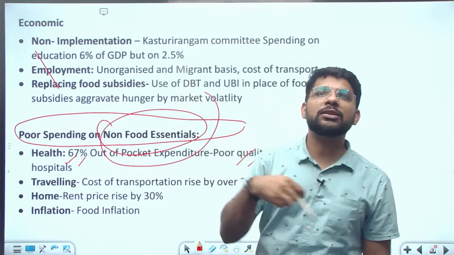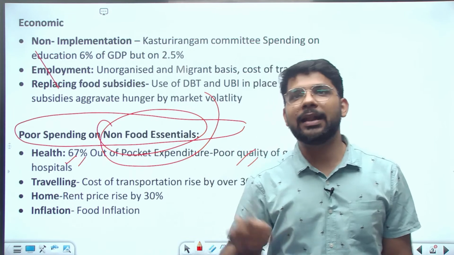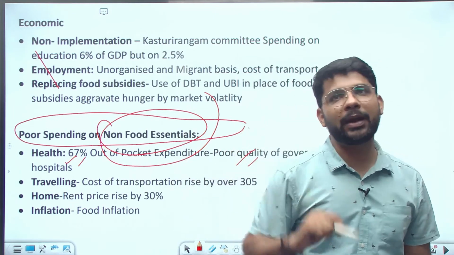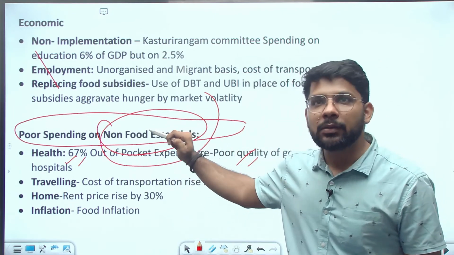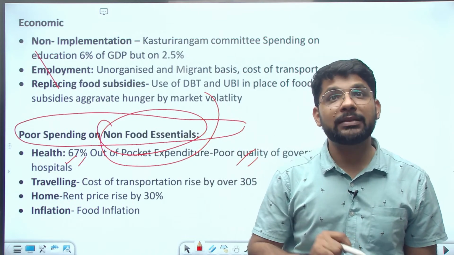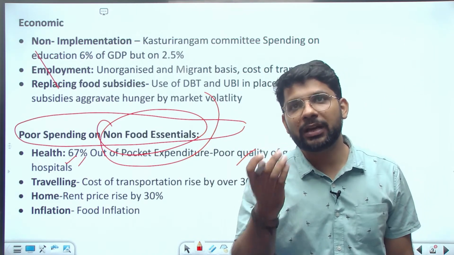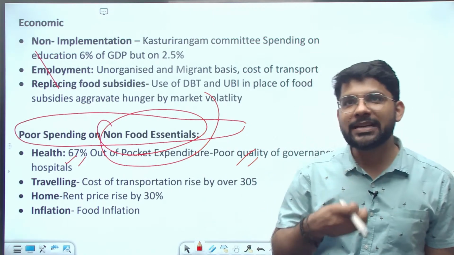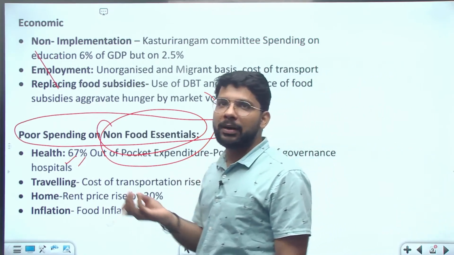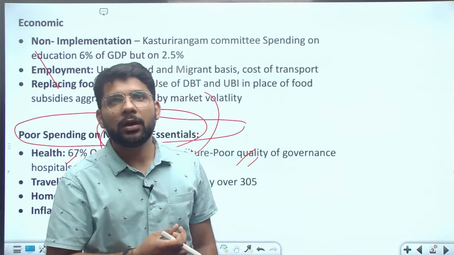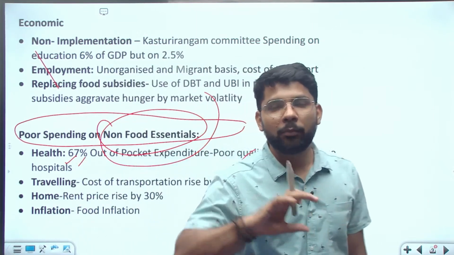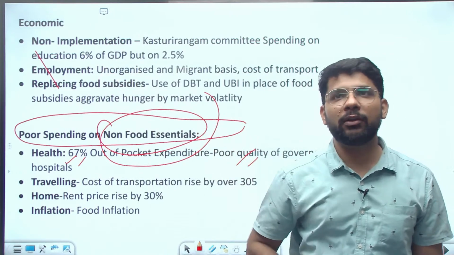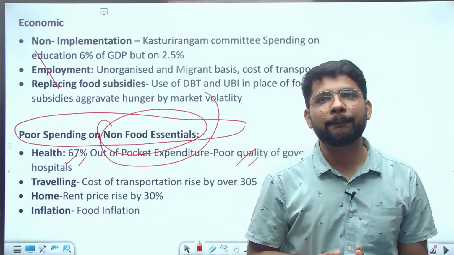Health: if I fall ill, I need a tablet. The health infrastructure is not good, so I will go to a private hospital and spend my money there. That's the non-food essential. I wanted good food to eat, but I spend on health. My children want a good education, but the level of government schools is very low, so I am moving toward private school, where the fees are very high.